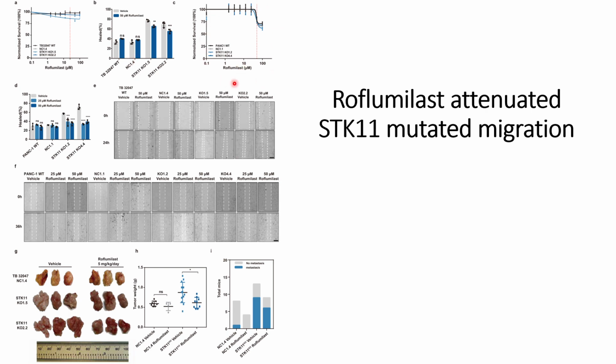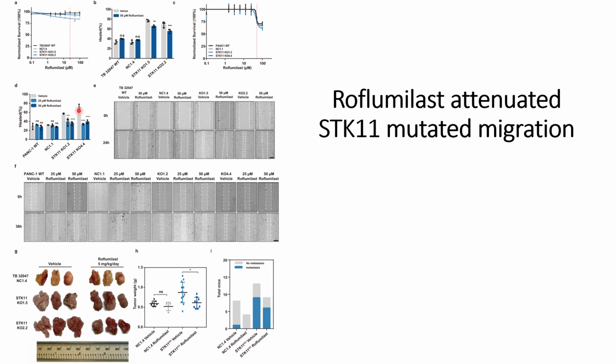And this is another representation of the survival of the pancreatic cancer cells. There is not much difference in the survival of the pancreatic cancer cells and their knockout, as we can see that all of them start to reduce at the same time with almost the same concentration of Roflumilast.